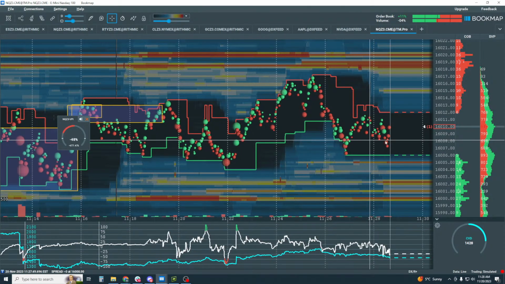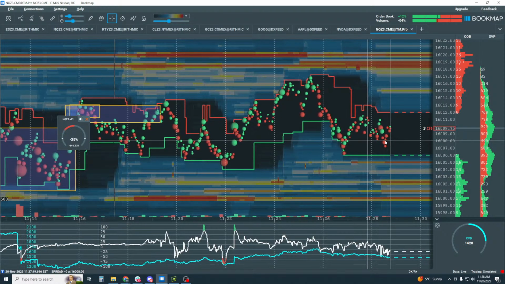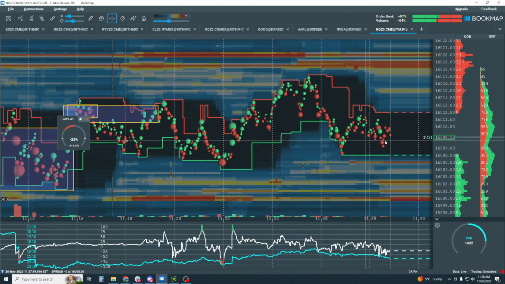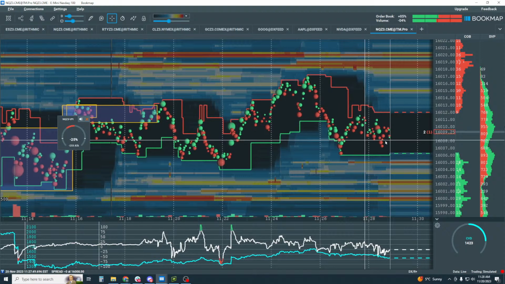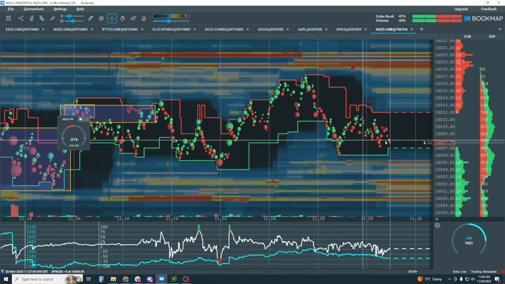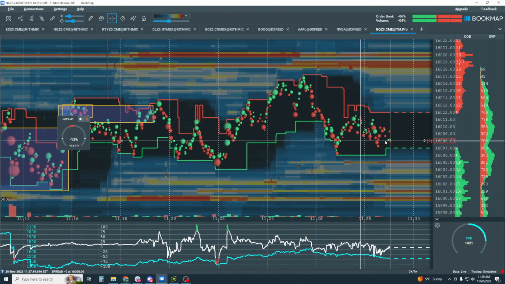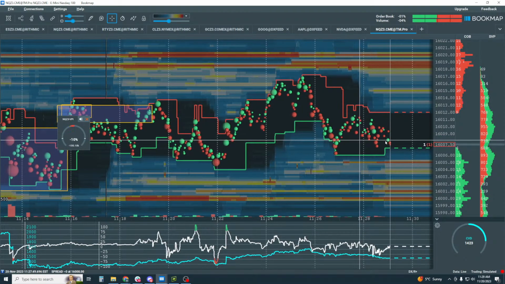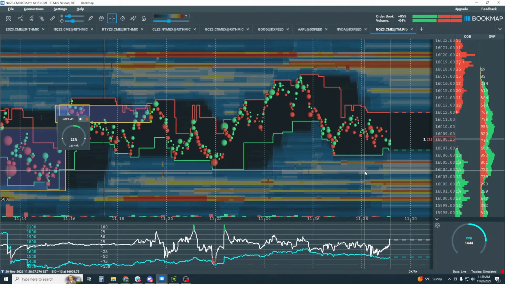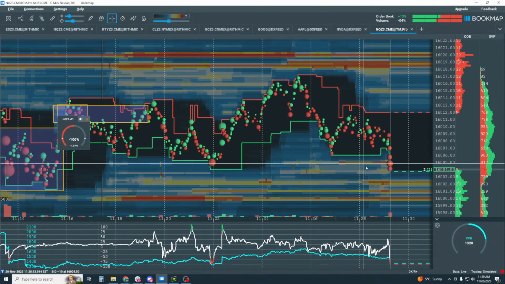Really choppy. Not anticipating this. And then we just see the buyers continue to lift it. Hmm.